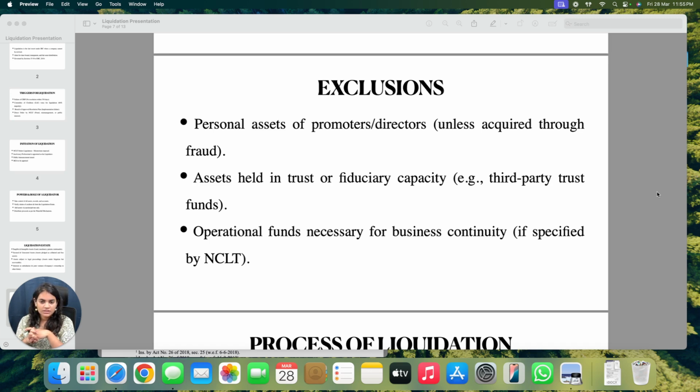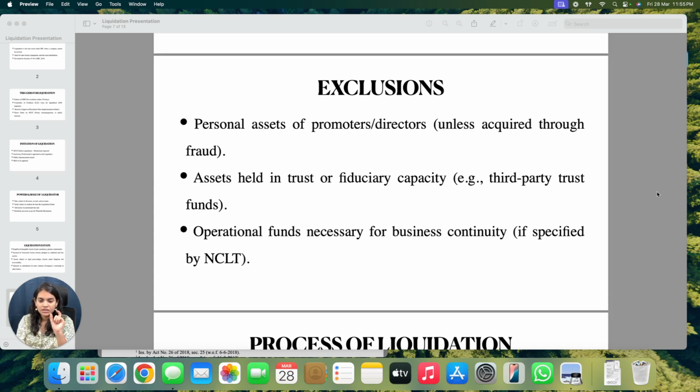So, any of the assets of the promoters or partners or directors of the corporate debtor will not be a part unless and until such assets are also under scrutiny for avoidance transactions and or have been obtained from the corporate debtor, or which was supposed to be the corporate debtor's asset but was fraudulently taken over by the promoters or directors. Such assets will be included in the liquidation estate.